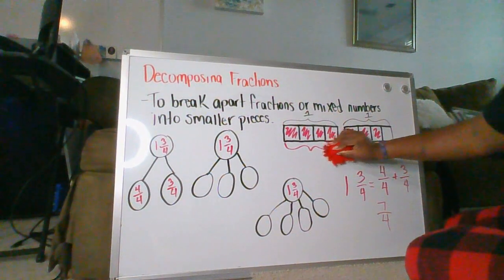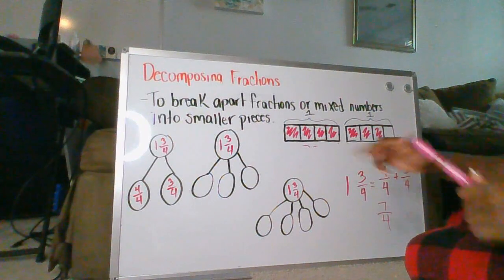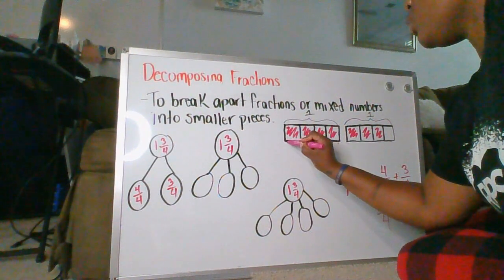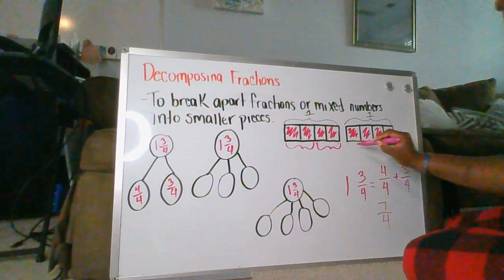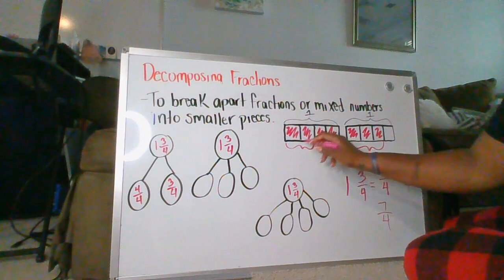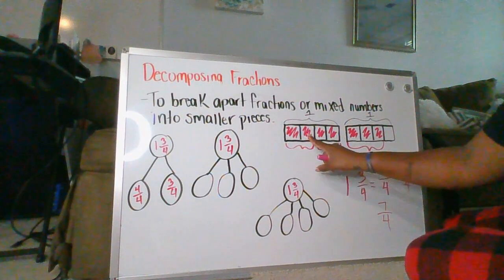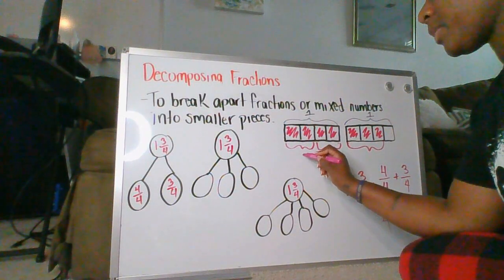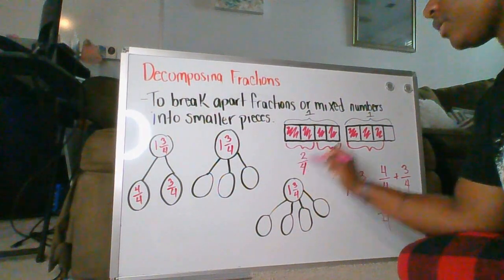Another way would be using 3 numbers, right? So let's go there, there, and there. So here, because I only put this bracket or brace around 2, this is representing 2/4.